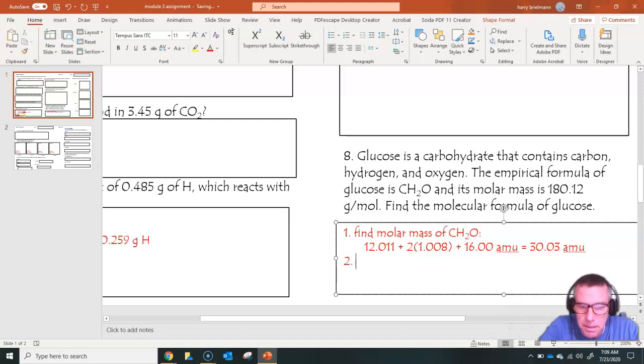Now to scale to get the molecular formula. If you're really just working slow, you could say, okay, double it gives me 60, triple it gives me 90.